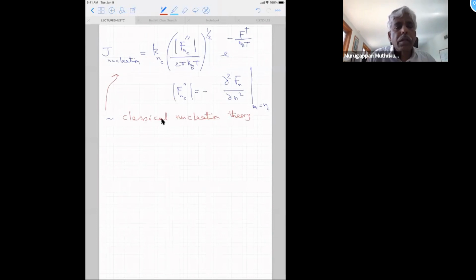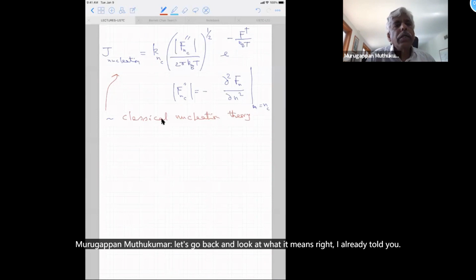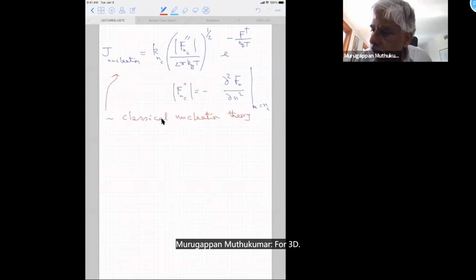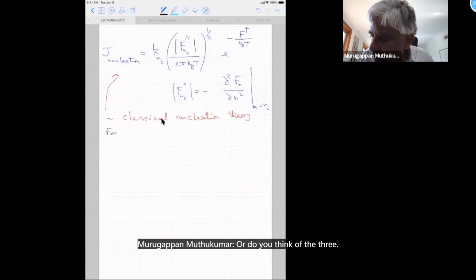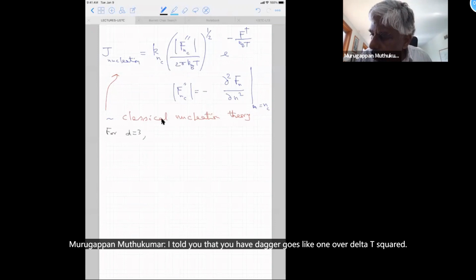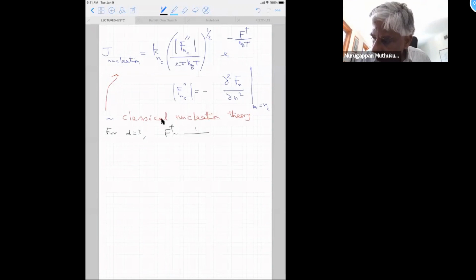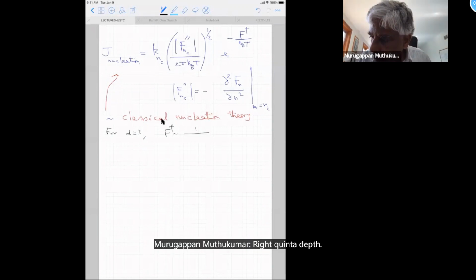Okay. Let's go back and look at what it means. I already told you for D equals 3, that F dagger goes like 1 over delta G squared, the quench depth squared.